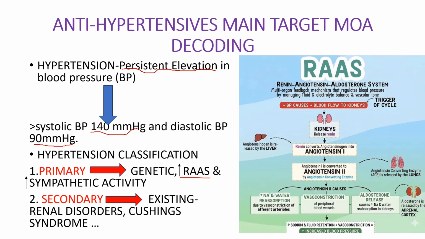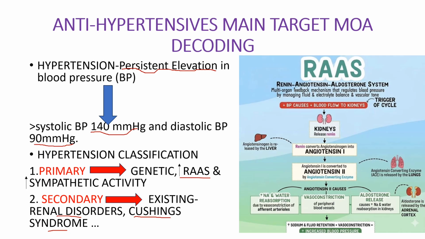Secondary hypertension is because of already existing disorders such as renal disorders, Cushing syndrome or other hormonal disorders.